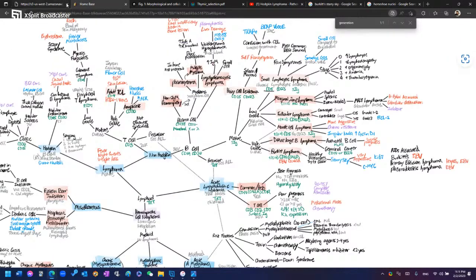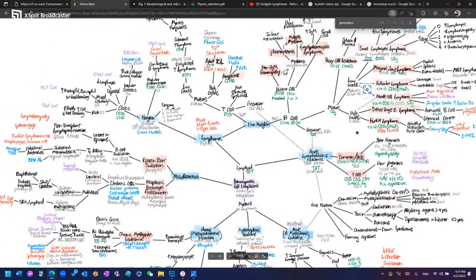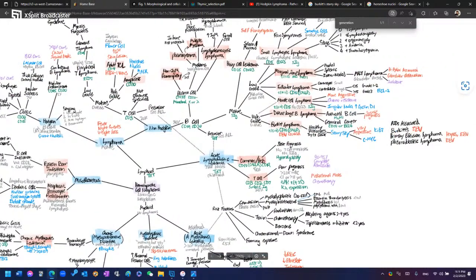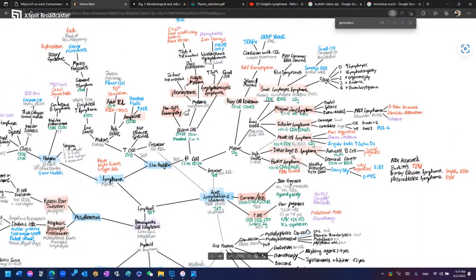Macrophages, right, exactly. It's caused by infection, and the macrophages are trying to fix the infection by killing your B cells. So that's all of these. That's quite a lot to remember.